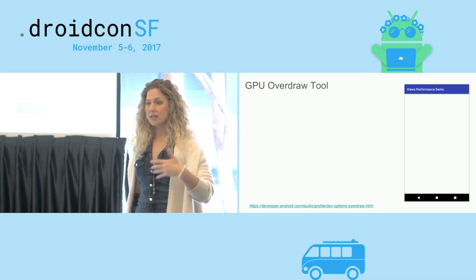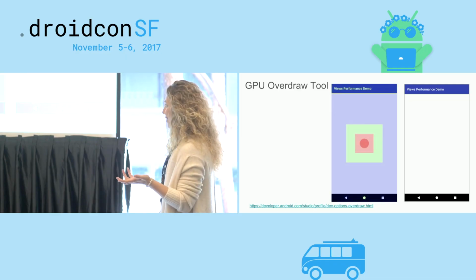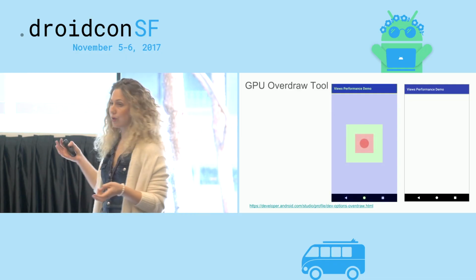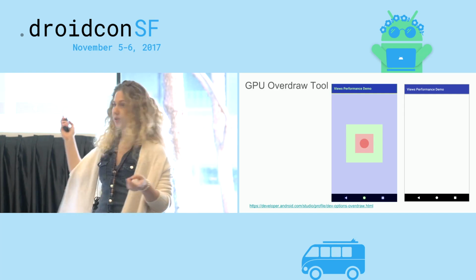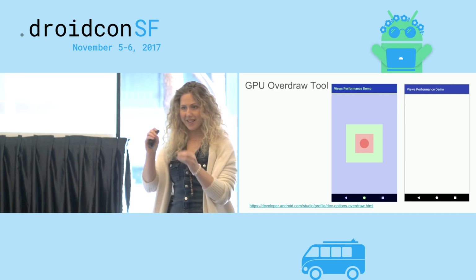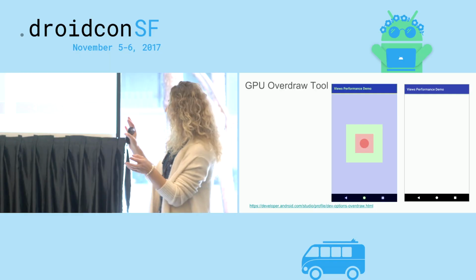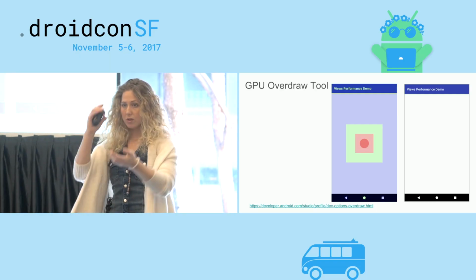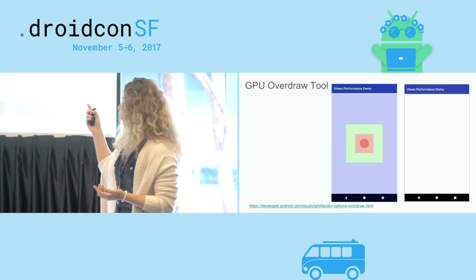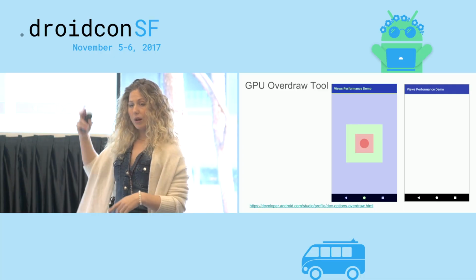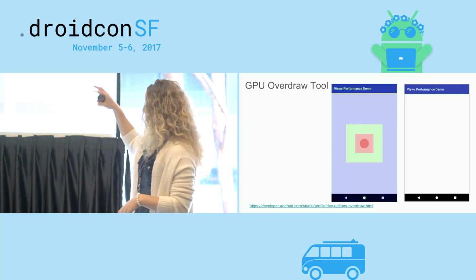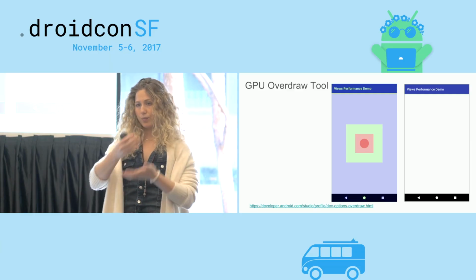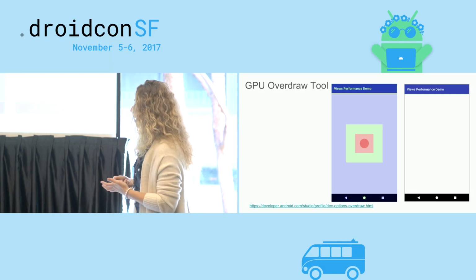And once I turn it on, I'm going to see so many colors that would indicate how much overdraw I had. It looks like I deleted the numbers, but you can figure out that blue is if I drew 1 pixel on top of the other. Then we have green, which is 2, and then red, which is 3, and the darker red is 4. So it's going to show you how many layers you painted one on top of the other.